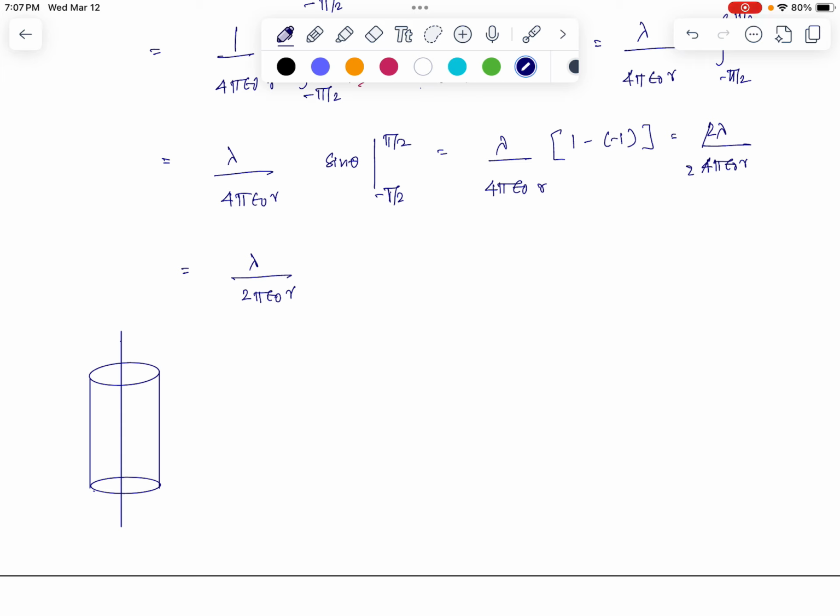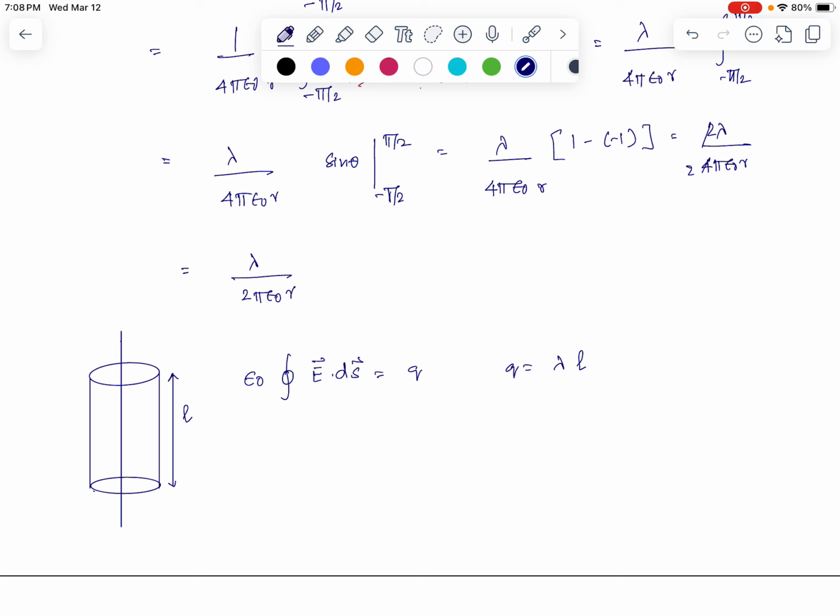The statement of Gauss's law is epsilon 0 times the surface integral of E dot dS is the enclosed charge. If this has a length L, then the Q here is nothing but lambda times L, where lambda is the linear charge density.